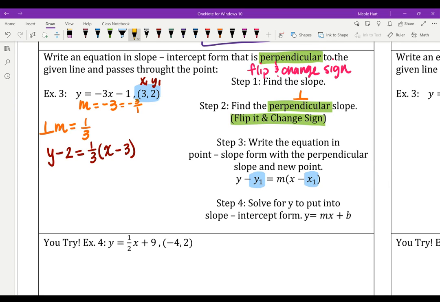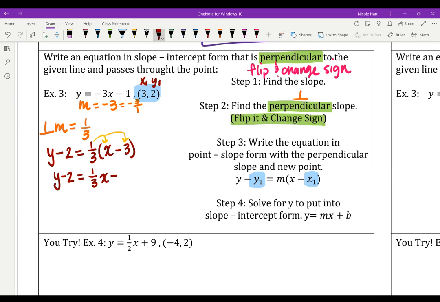From here, I am going to distribute, just like I did with the previous problem. The steps are the same, just that slight change with doing the perpendicular slope. I'm going to distribute. We get y minus 2 equals 1/3 x. And for distributing 1/3 times negative 3, I highly suggest using a calculator if you have one available.